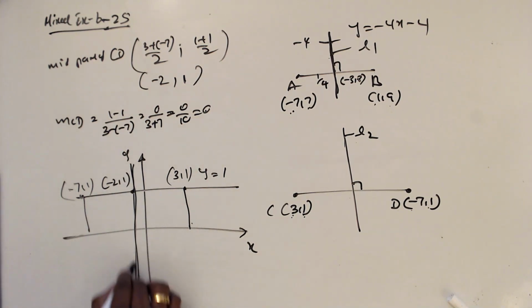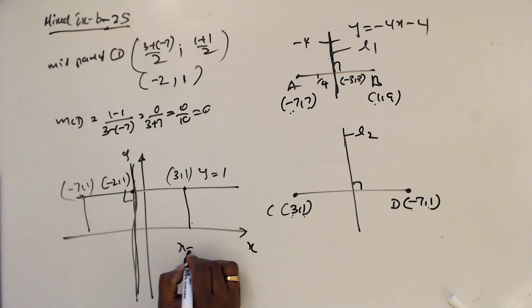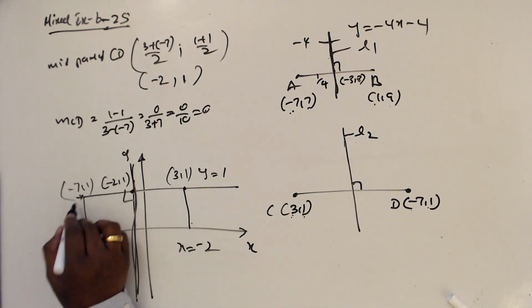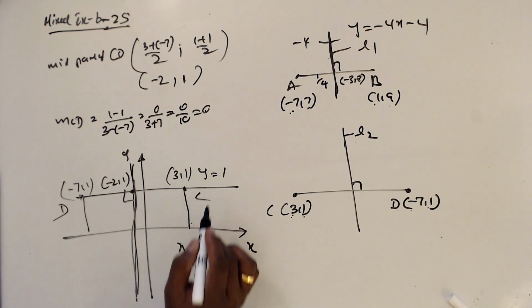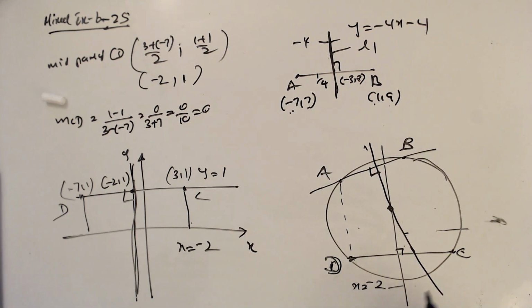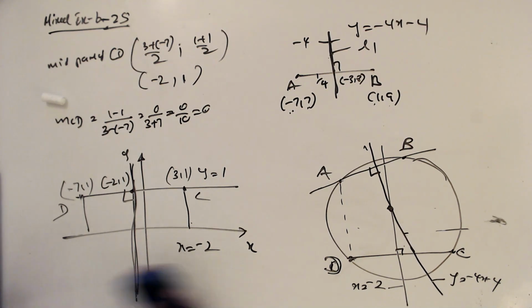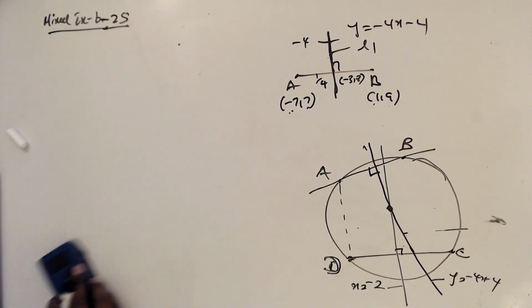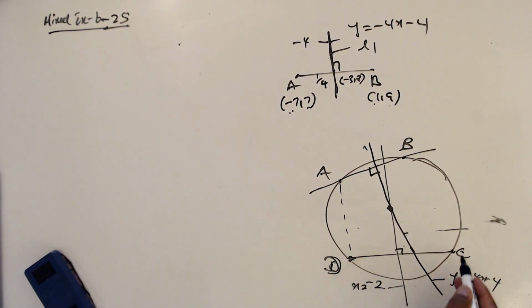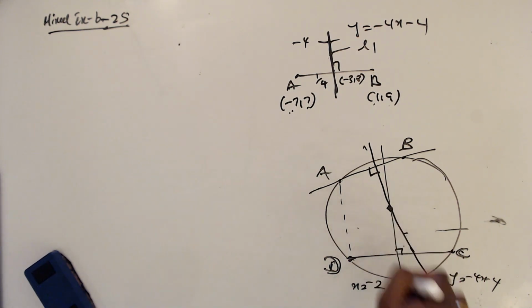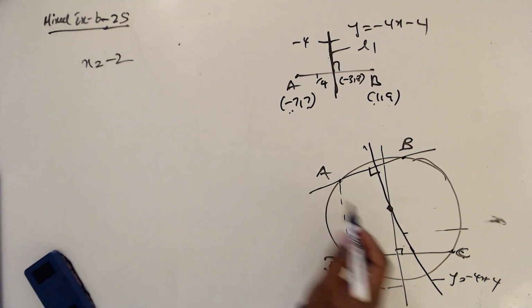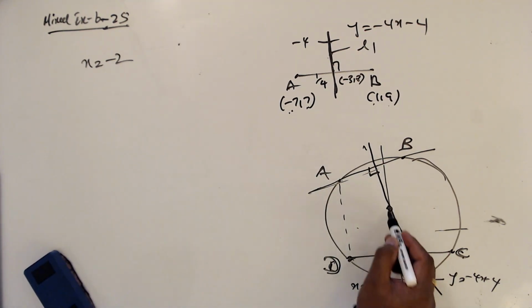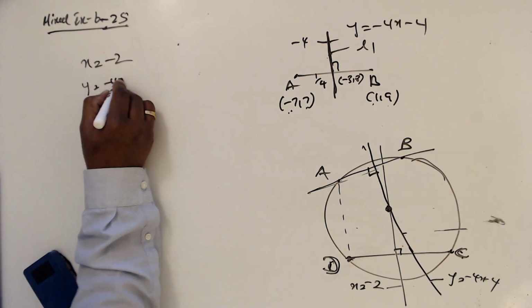So then the perpendicular bisector is going to be x equals minus 2. This point is D and this point is C. I just drew a rough sketch. So this is CD, and this is the perpendicular bisector x equals minus 2. And for AB we found y equals minus 4x minus 4.